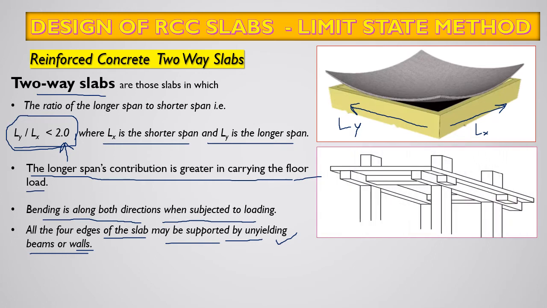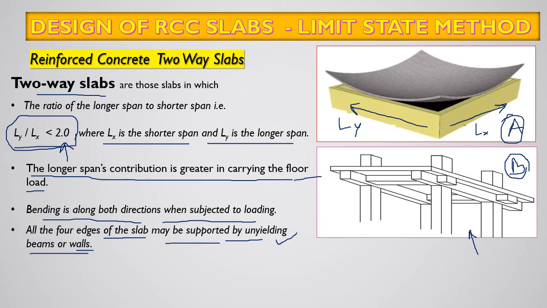Another thing you can see in this diagram is that the slab is supported on beams, and those beams are supported directly on the columns. If I call this diagram A and the other diagram B, in diagram A you can see the slab is supported on walls, that means brick walls.